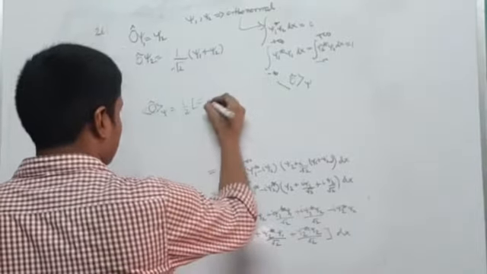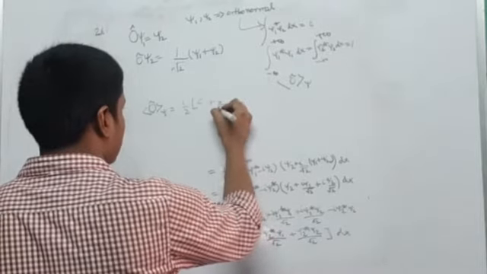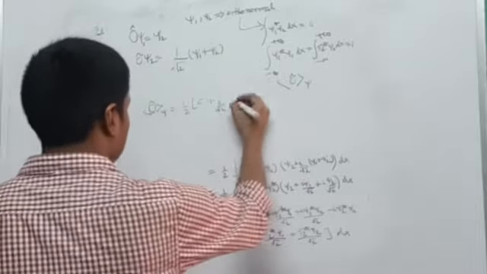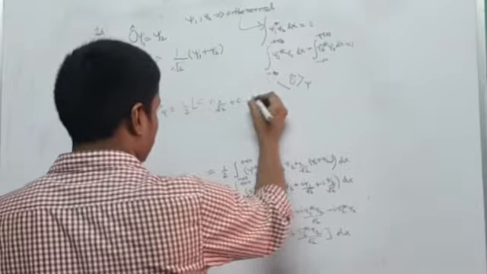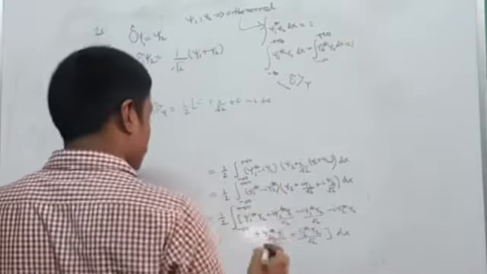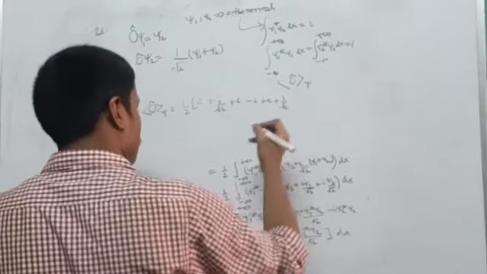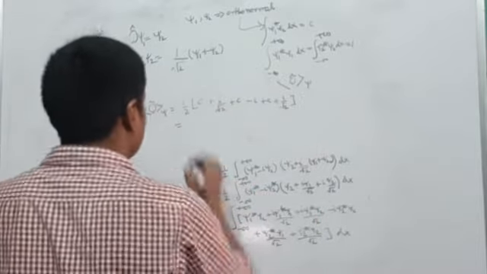The second one comes out to be 1, and so that is just i over root 2. The third one comes out to be 0 as well. Fourth one comes out to be 1, so it's minus i. Fifth one comes out to be 0. Sixth one comes out to be 1, so it's 1 over root 2. So that concludes our integral.